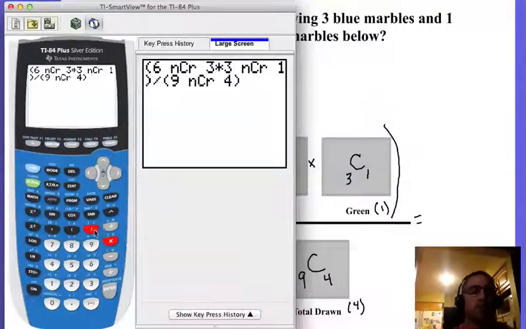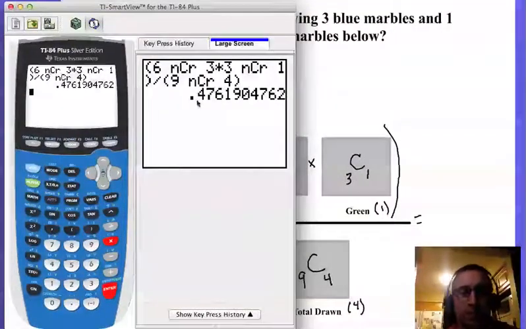So I use parentheses on the top and I use parentheses on the bottom. And so there's our answer.